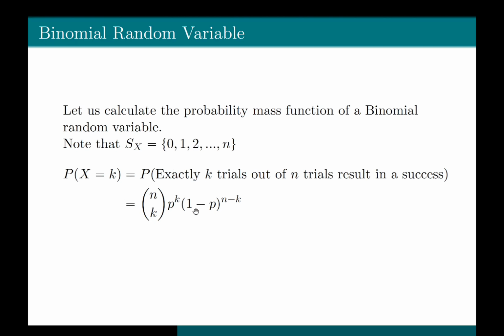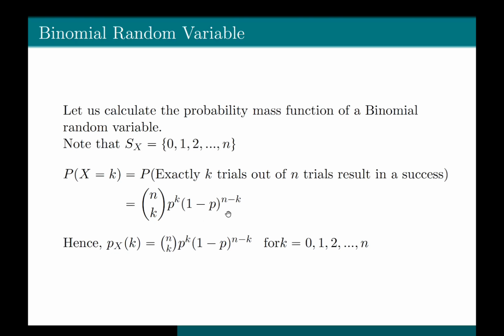Therefore, the probability would be equal to nCk, that is the number of ways to choose k successes from n trials, times p to the power k because you obtain k successes in n trials, times 1 minus p to the power n minus k, because if you have k number of successes, then you have n minus k number of failures, and the probability of getting a failure is 1 minus p, and thus you have 1 minus p to the power n minus k.